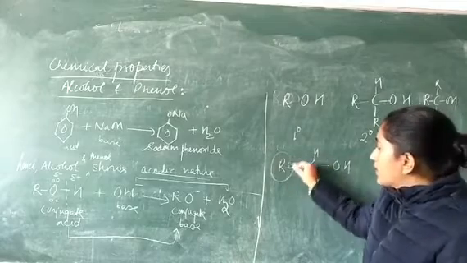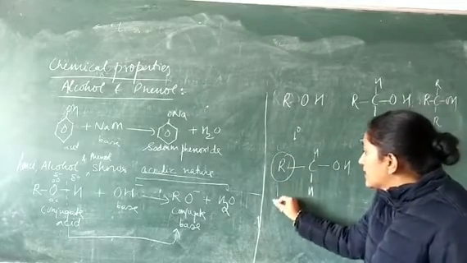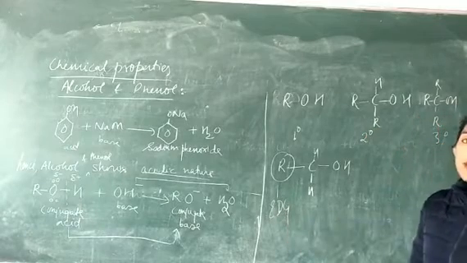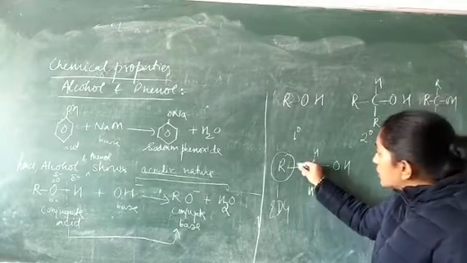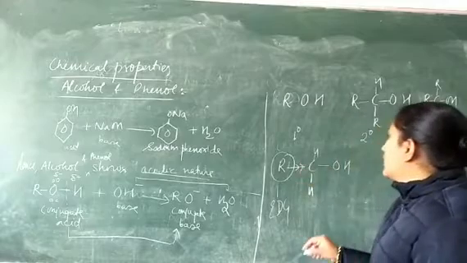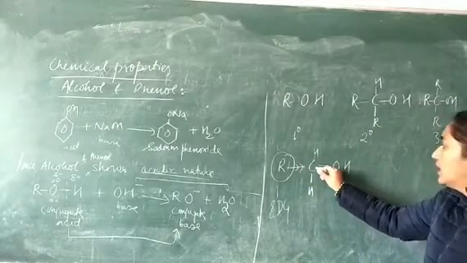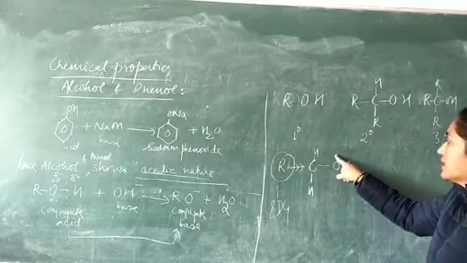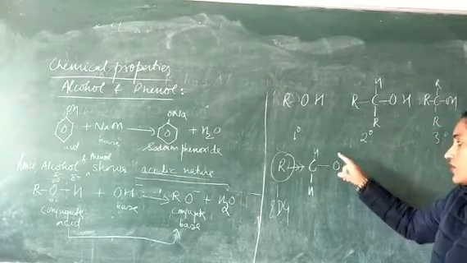Now, what is the nature of student alkyl group? It is an electron donating group, right? It is EDG, that is electron donating group. So, it will increase the electron density on the carbon atom, which will finally increase the electron density on the oxygen atom.